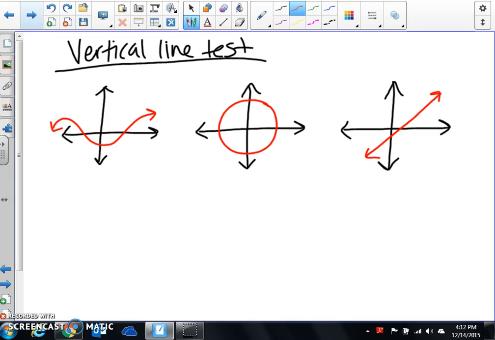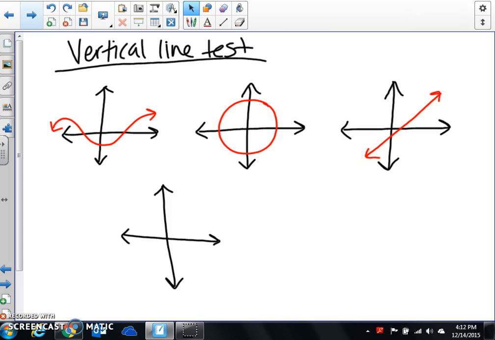Okay. Those are your graphs, maybe let's do one more like this. Okay. The vertical line test. Vertical is up and down. This is what you're going to do.